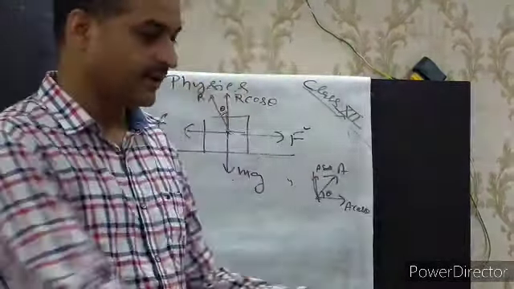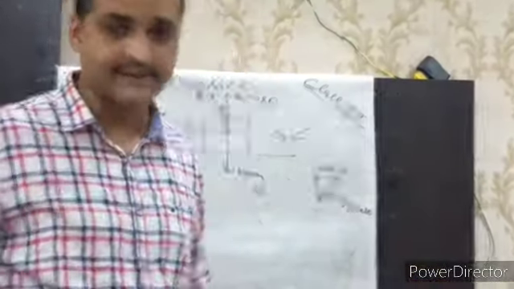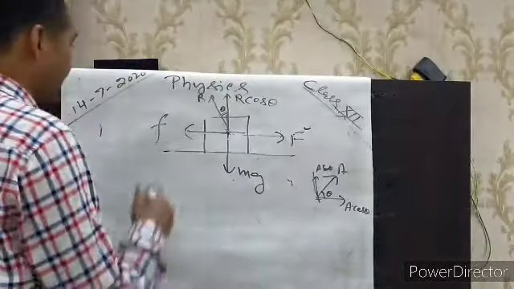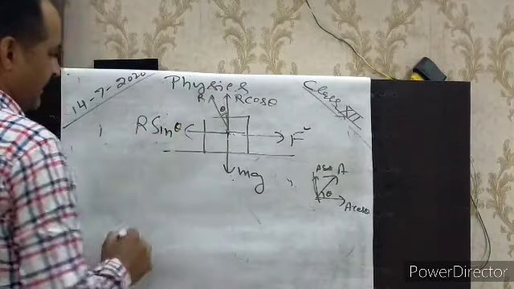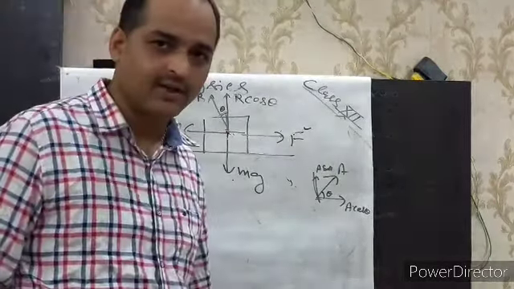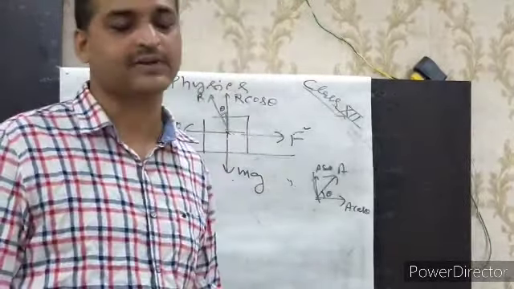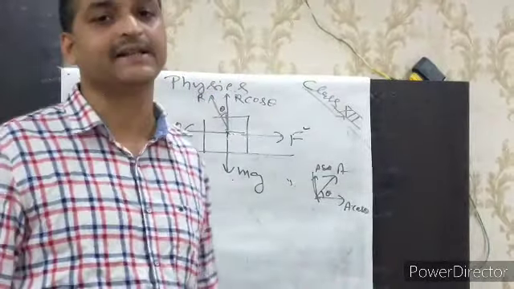Now again consider the table. We are increasing the force on the table, it is heavy. We are increasing the force, still it is not moving. How is it still not moving? This friction force R sin theta depends on sin theta. With increasing angle, sin 0 is 0, sin 30 is 1 by 2, sin 45 is 1 by root 2, sin 60 is root 3 by 2, and sin 90 is 1.